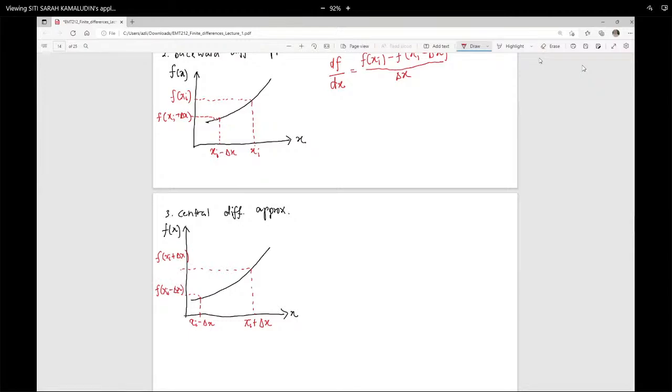So our approximation will be: f'(x) is equal to f(xi plus delta x) minus f(xi minus delta x), divided by 2 delta x.